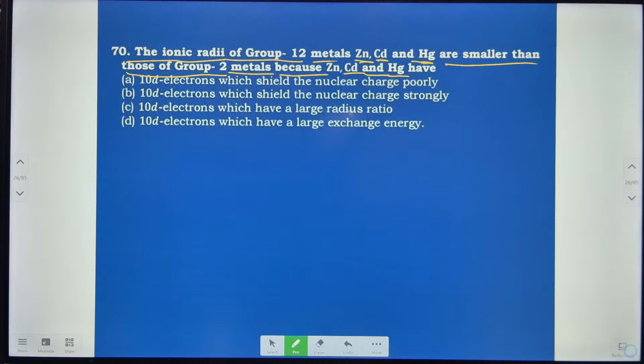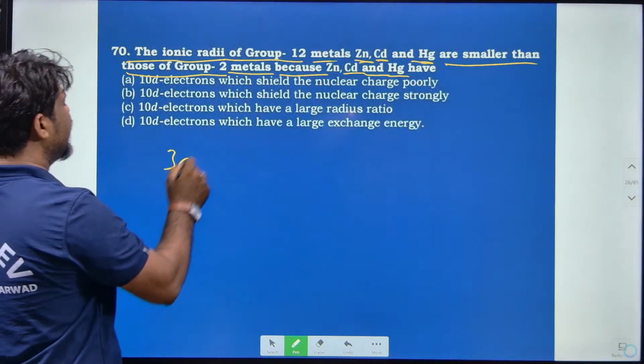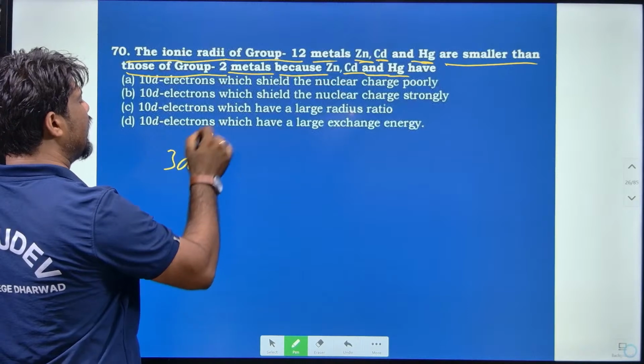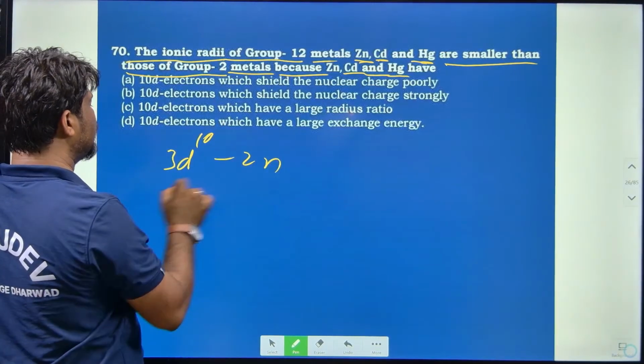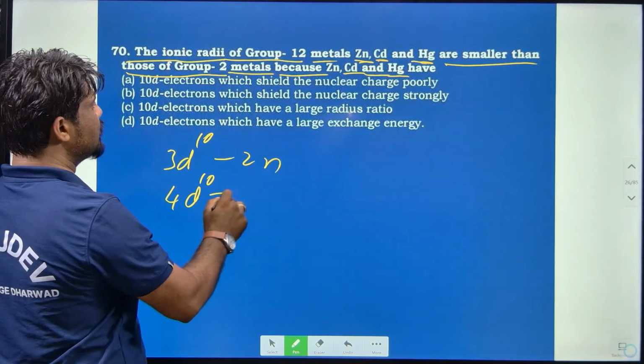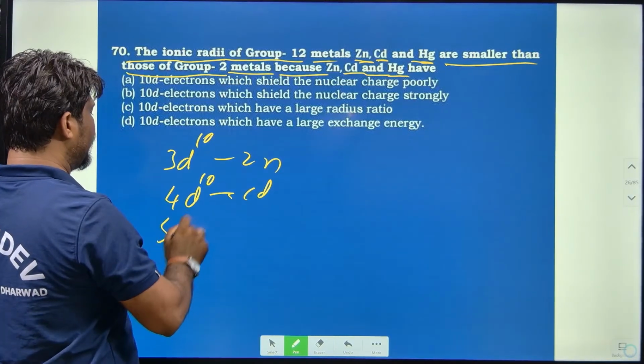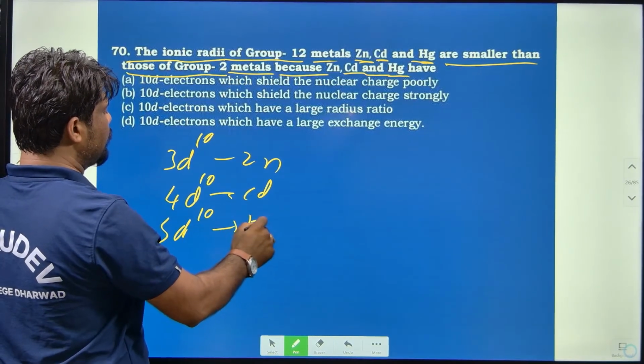See, the 3d orbital has 10 electrons in the case of zinc, the 4d orbital has 10 electrons in the case of cadmium, and the 5d orbital has 10 electrons in the case of mercury.